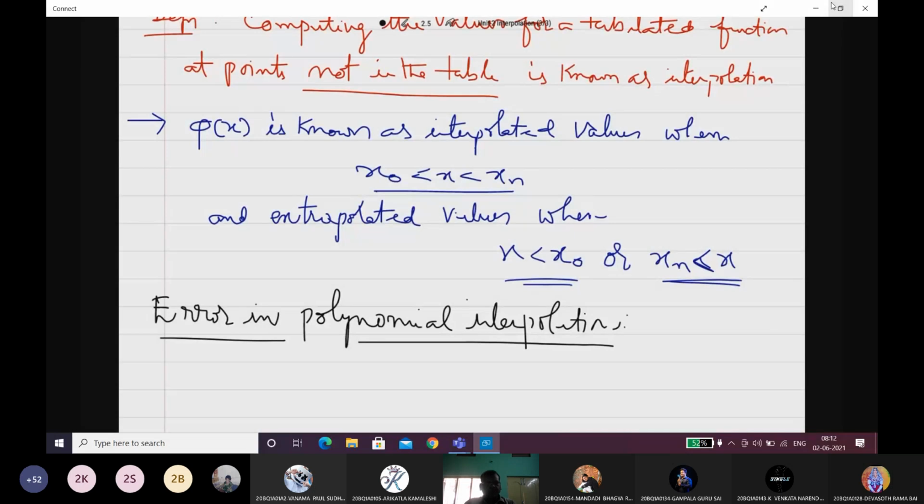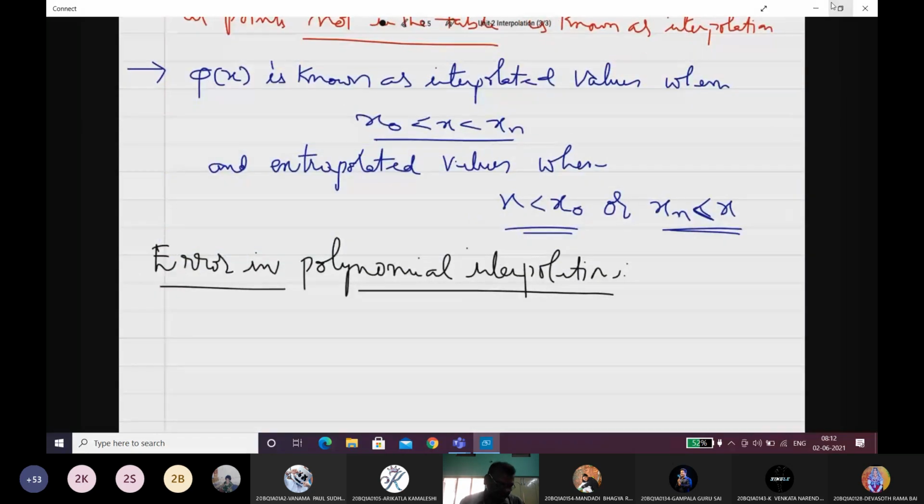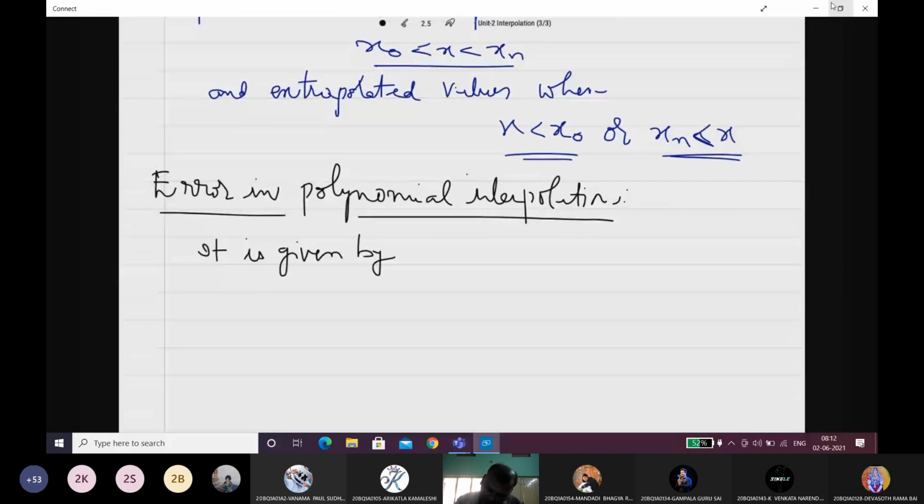Here we should not go through the derivation of this part. Simply we have to write down the error function formula. Error is given by E of x. How can you define the error always?